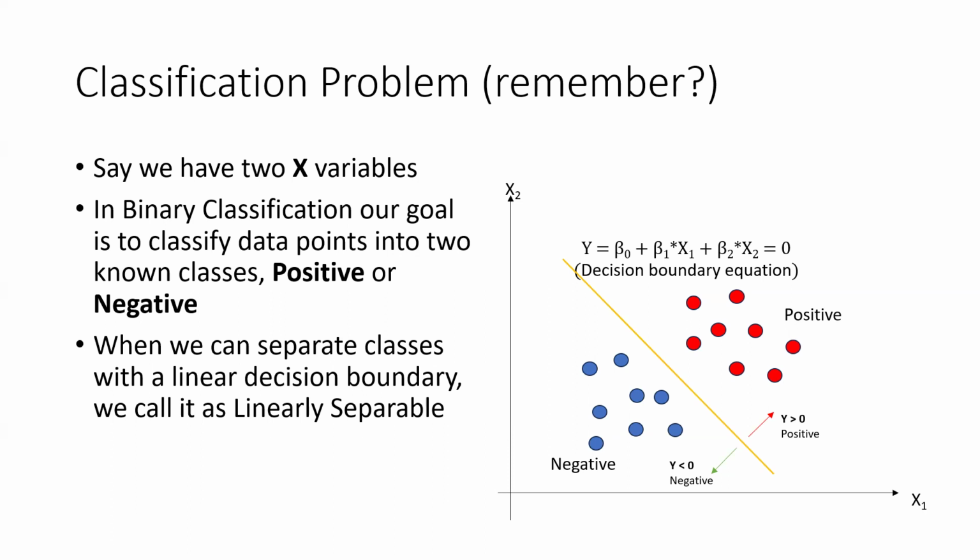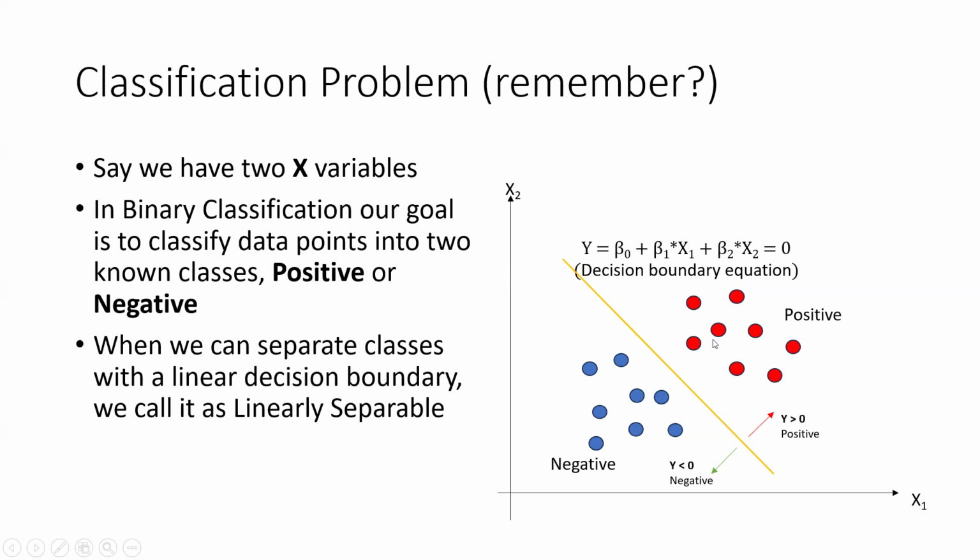Right? So before we start, just remember what classification is. Suppose you have, for example, two variables, x1 and x2, and a data set with positive and negative data points, and we want to classify these two types of data points using a machine learning algorithm.